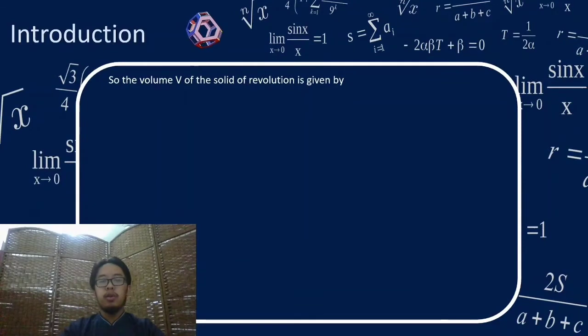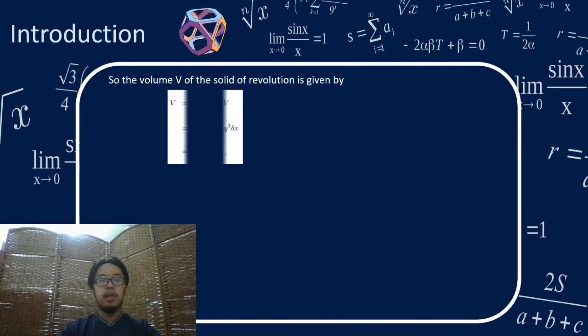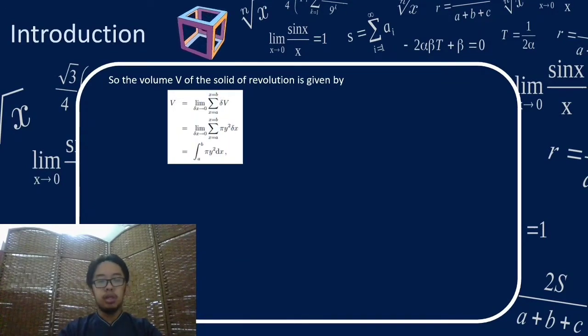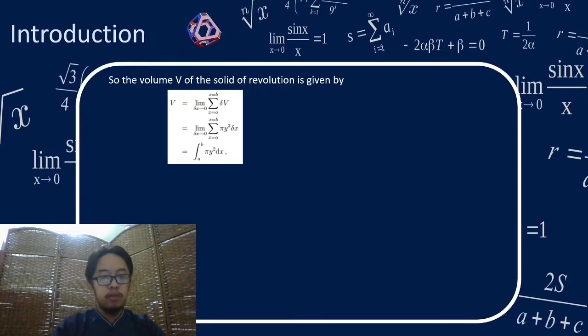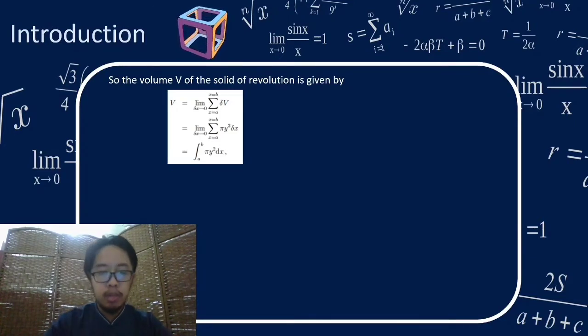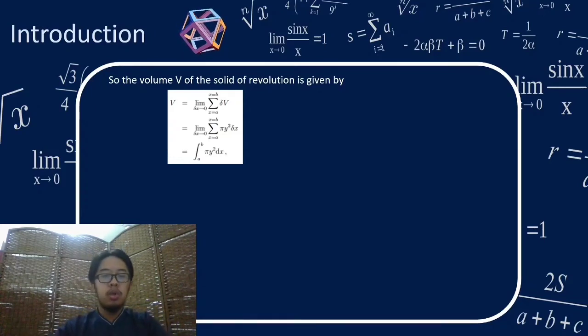So the volume V of the solid of revolution is given by V equal to the limit as δx tends to 0 of the sum of δV from x equal to a to x equal to b, equal to the limit as δx tends to 0 of the sum of π y squared δx from x equal to a to x equal to b.